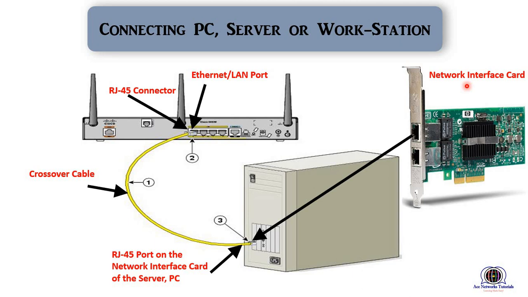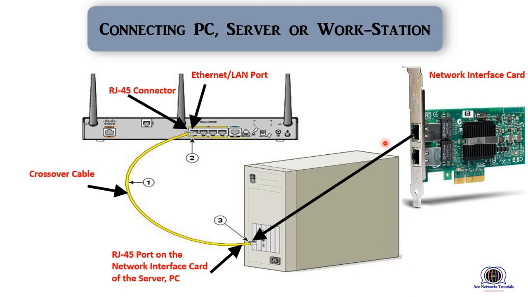NIC is also called a LAN adapter, network adapter, or physical network interface. NIC allows communication among computers on the same LAN, either by using cables or wirelessly. This picture shows the wired NIC installed on the motherboard.